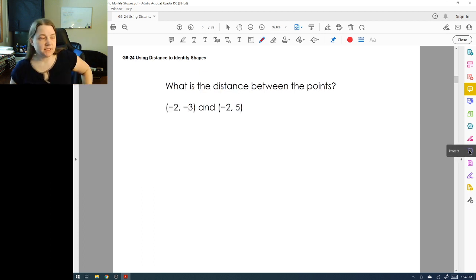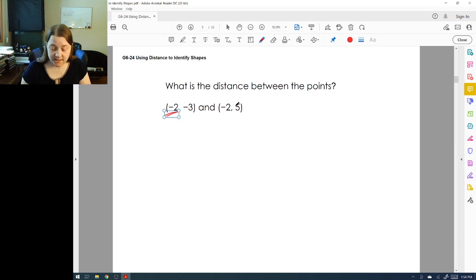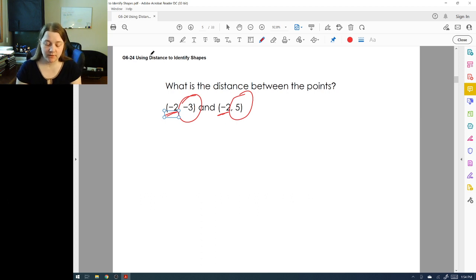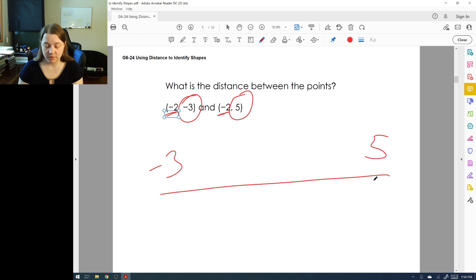So if we look at the distance between these two points, because the x-coordinate is the same, we're going to look at the y-coordinate. To go from -3 to 5, we're going to set up a number line here. Negatives are going to be on the left, positives are going to be on the right.